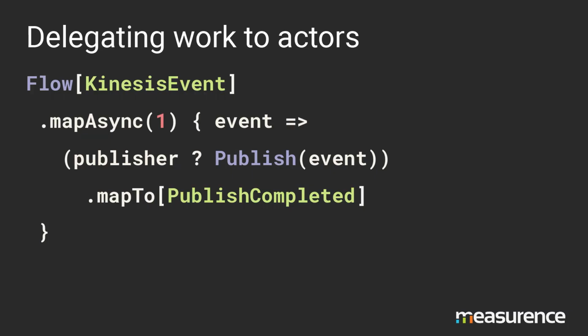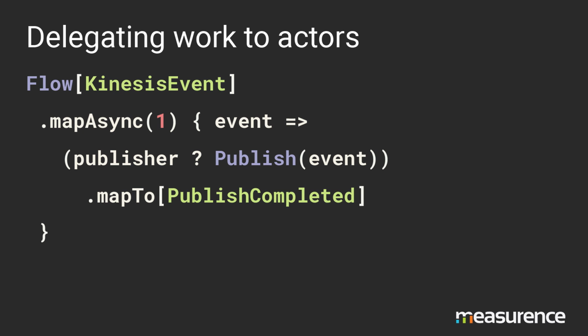Next, the publisher. The publisher is actually an actor, and we talk to it using the ask pattern. So we send to it this publish request. This actor will try and retry to send that event to Kinesis until it succeeds, or until the timeout of the ask pattern is failed.